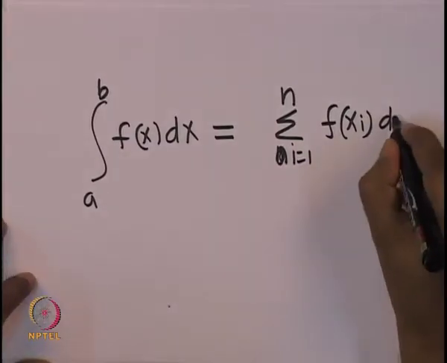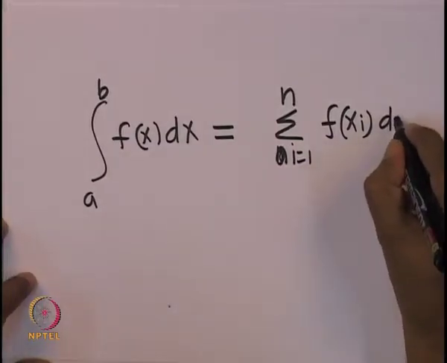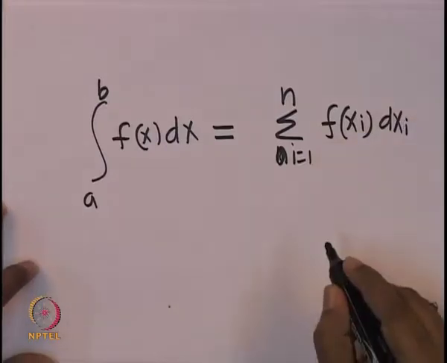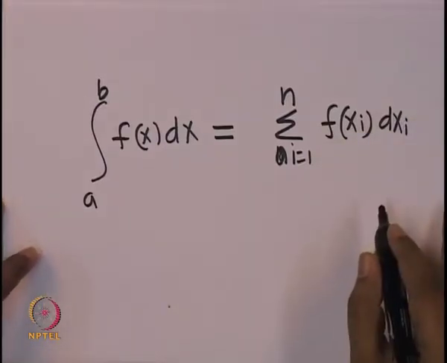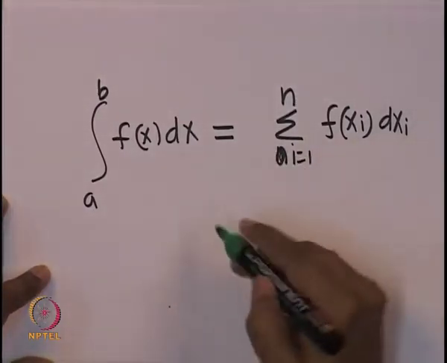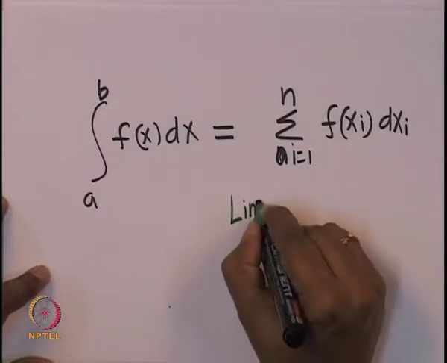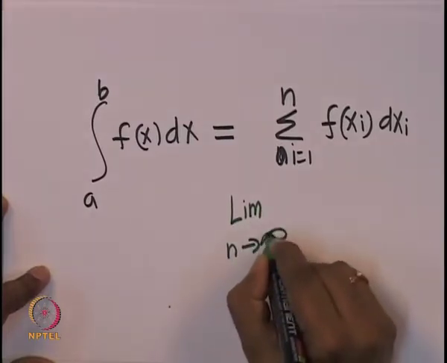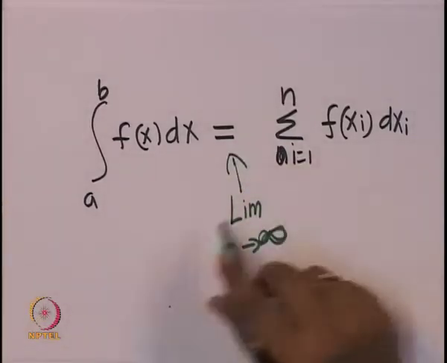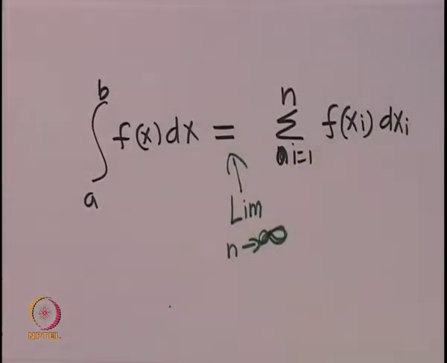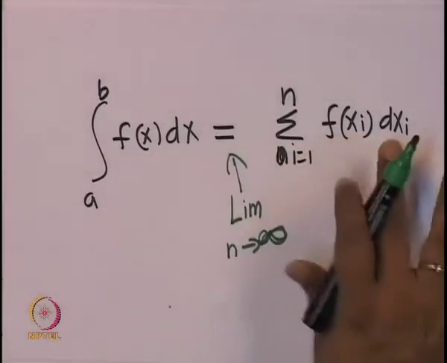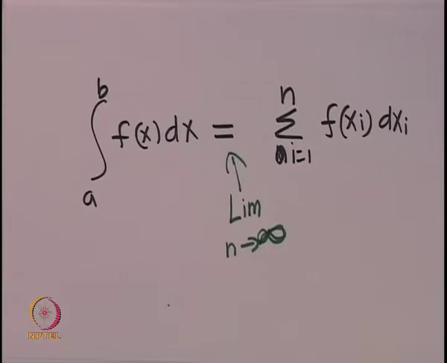If you take all equal intervals, you will have n of such intervals. So, if you do this in the limit n going to infinity, this will be equal. When n is very large, this sum will be equal to this integral.